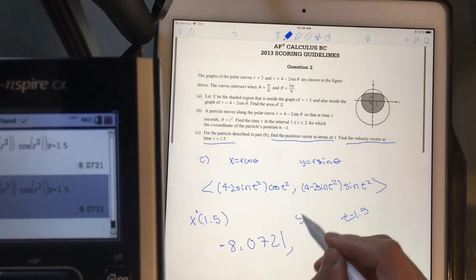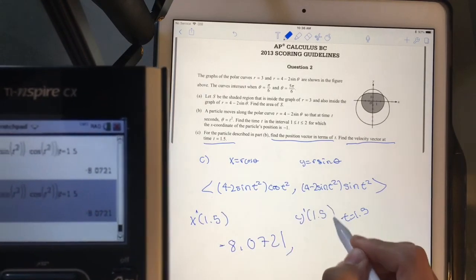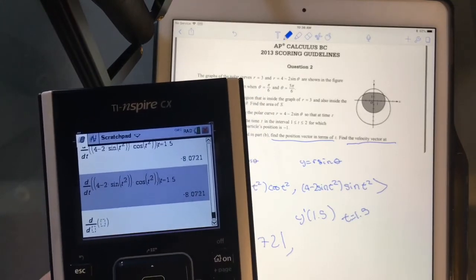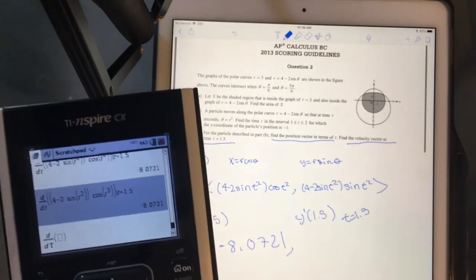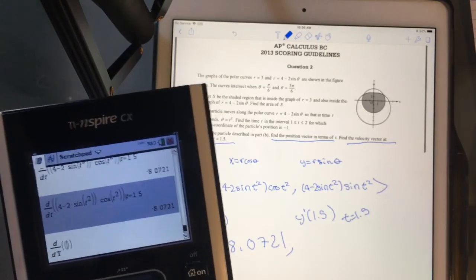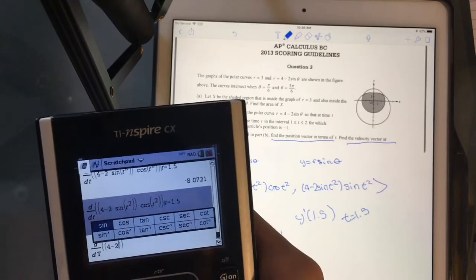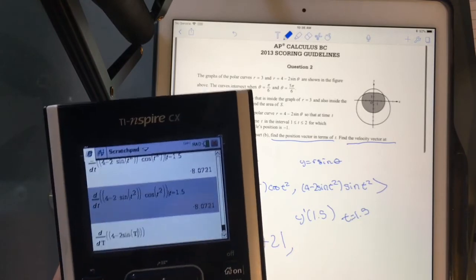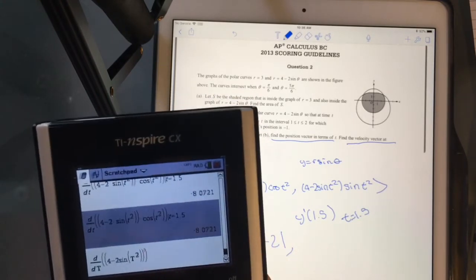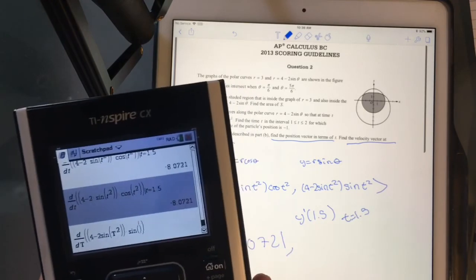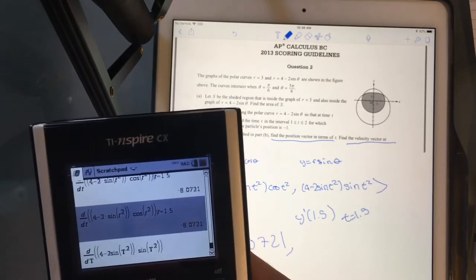Now we need to find this part. Same thing. Use the library, derivative, t. Plug in our equation. 4 minus 2 sine t squared times sine of t squared.